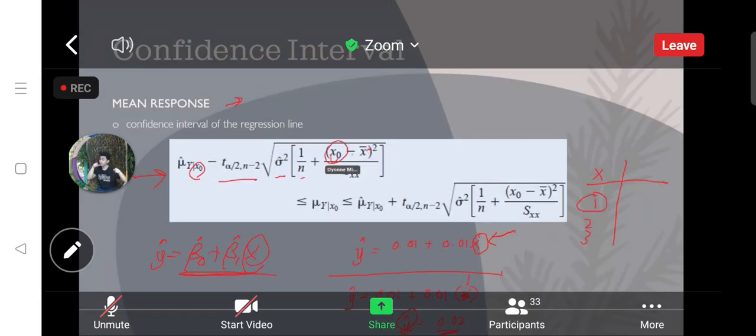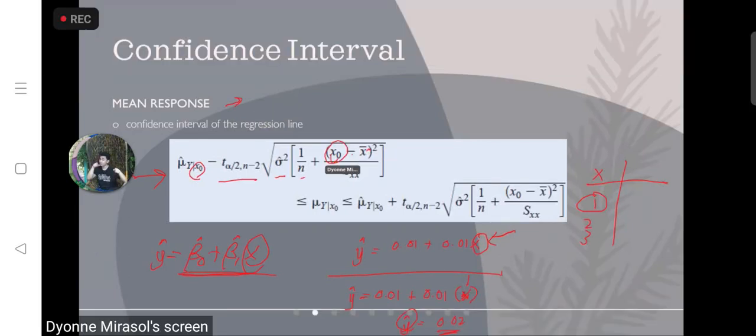So our x0 is the value that you use to substitute here. So for example, if our x is 1, we will substitute 1 here for x0 and then minus x bar.